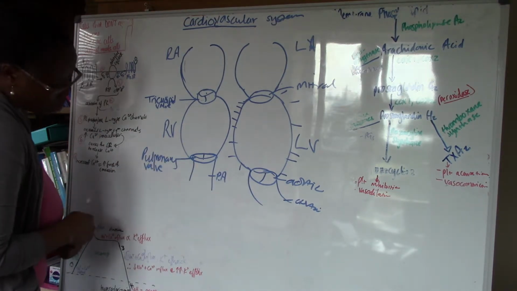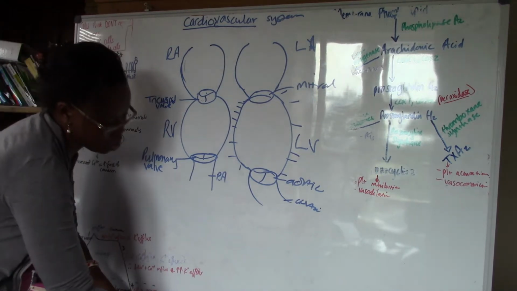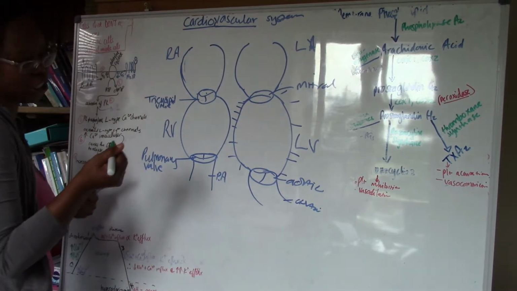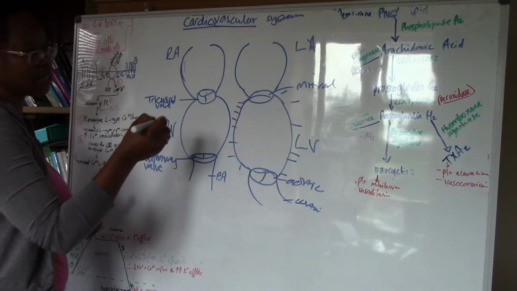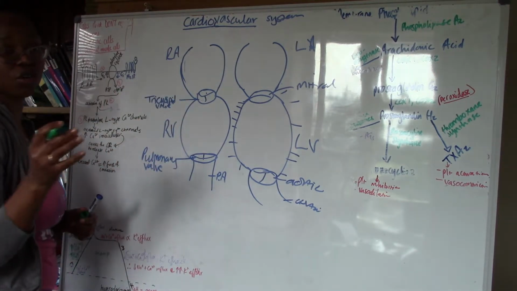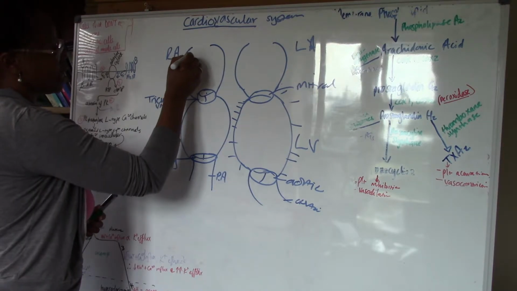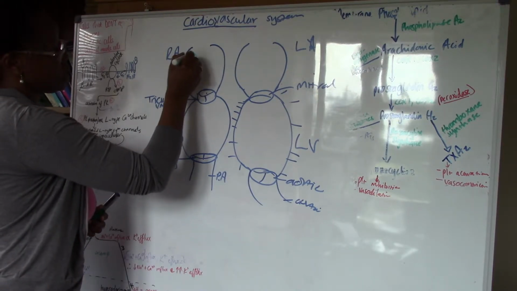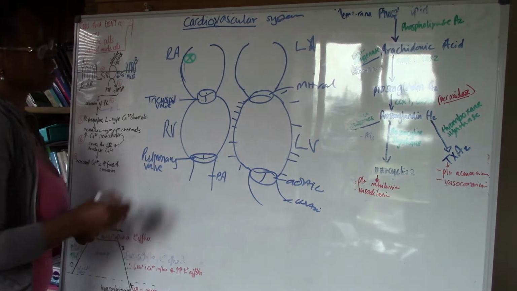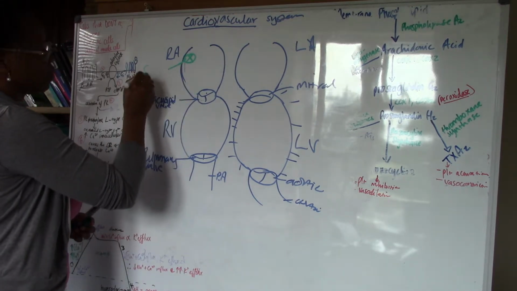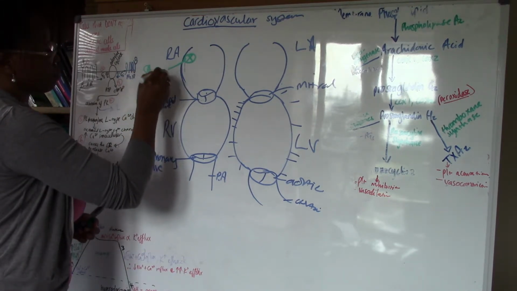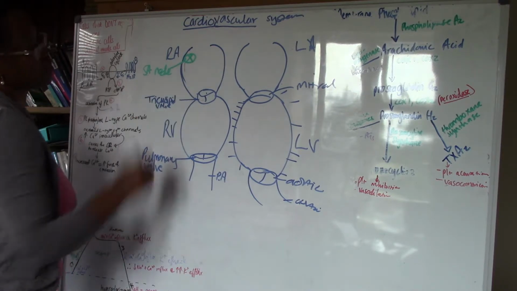But before I talk about how it pumps, I want to talk about an important issue, which is that the heart, the basic unit of the myocyte, which is the sarcomere, obviously has an impulse generating function. This is done by the SA node, which is found at the right atrium.